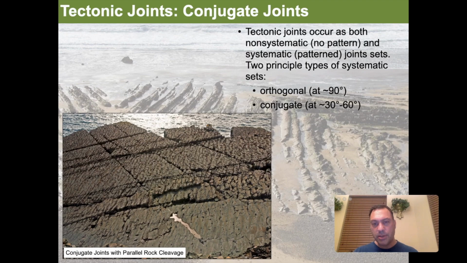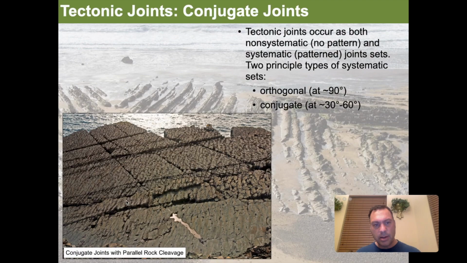And here's a different type of jointing. Here we see them at less than 90 degrees. They're at an angle between 30 and 60, right here, forming these X's. These are conjugate joints. And these also have something called parallel rock cleavage. I'm not going to get into what rock cleavage is here, but it's these parting planes that we see that's giving this rock this fabric.